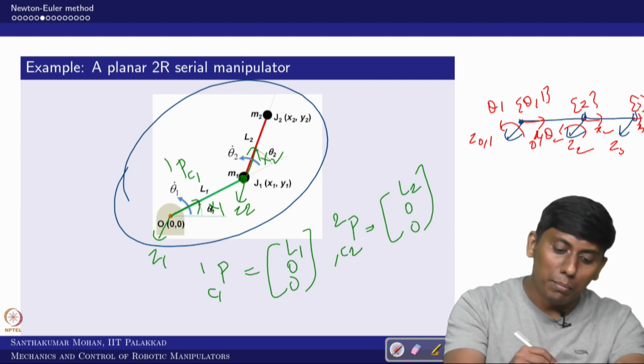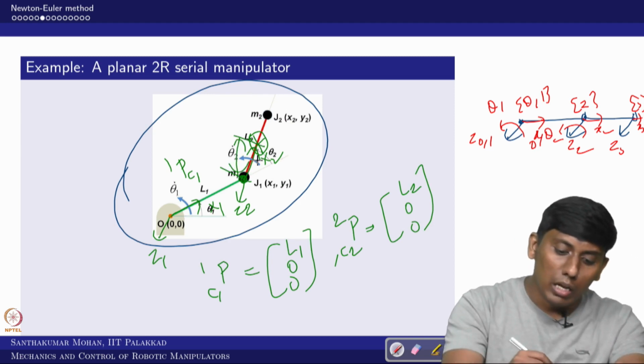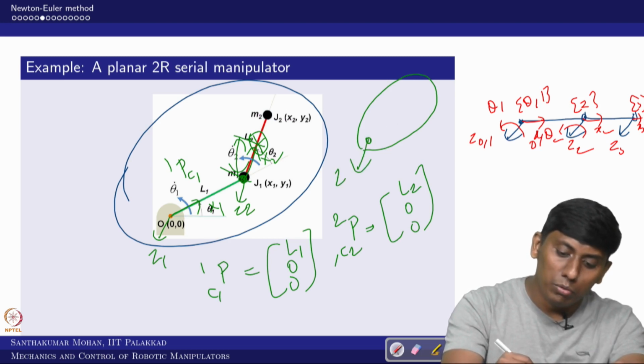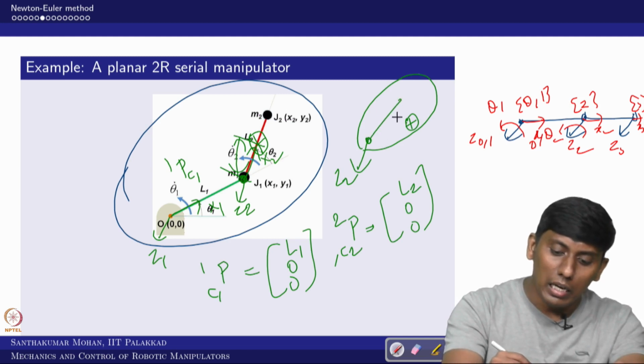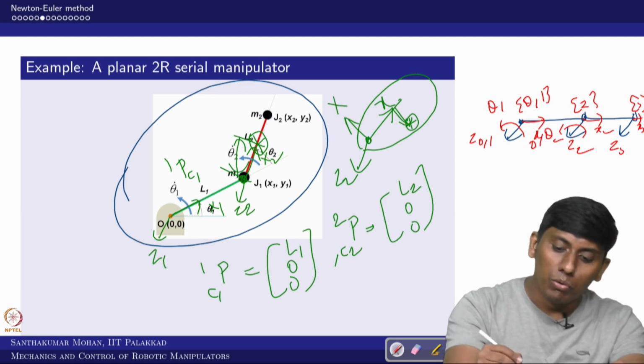Now, for example, if the centroid is coming here, then this is LC2. Suppose you have a triangular link like this. This is Z2 and your centroid is somewhere coming here. Then you can see this is the x axis and this is your y axis, and this is down. So what would be the PC in this case?